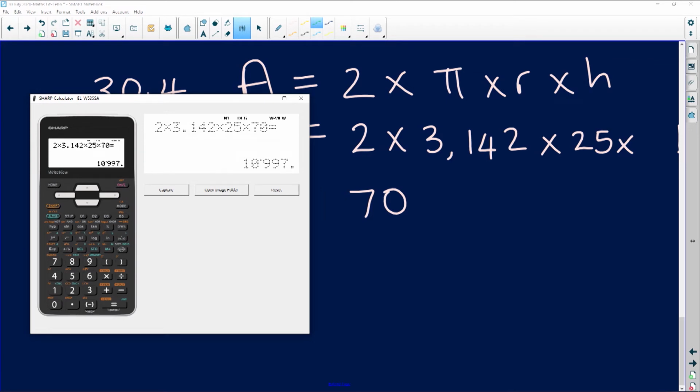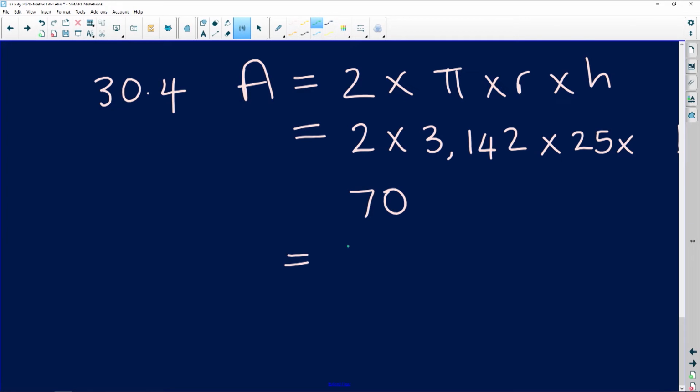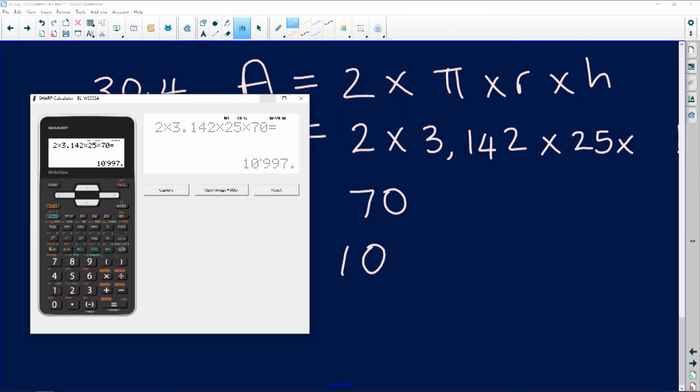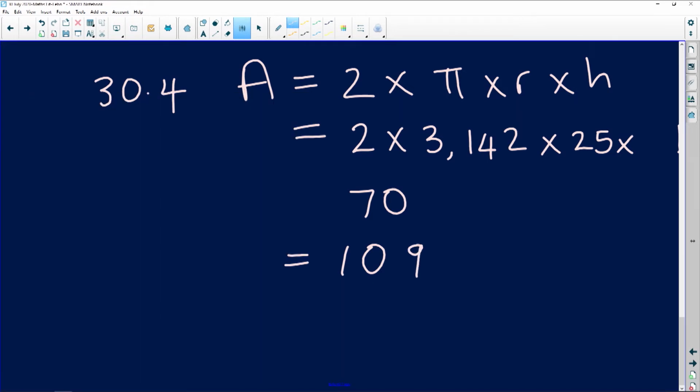10,997. Let me just make sure that I'm using the same color over there. 10,997. Always double check your answers. It's area, so I am going to be using square.